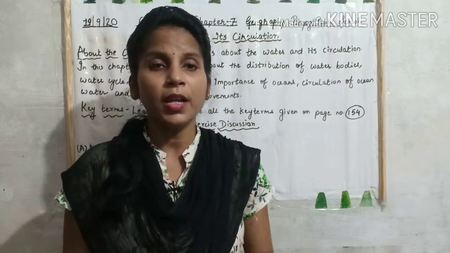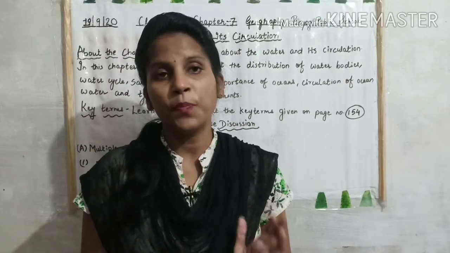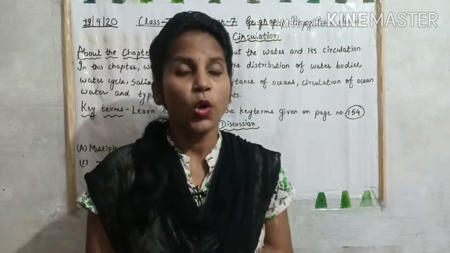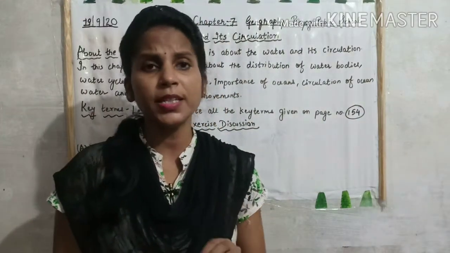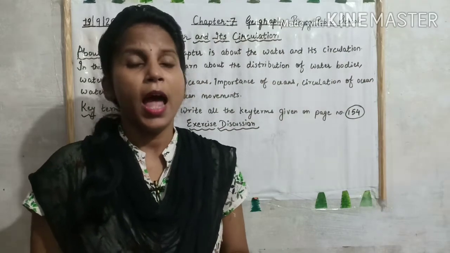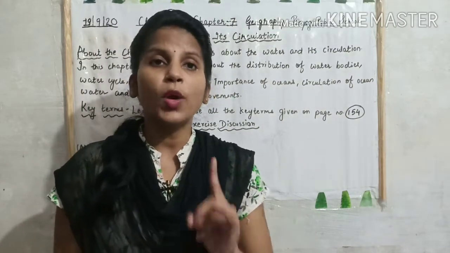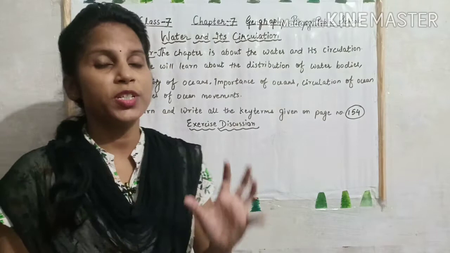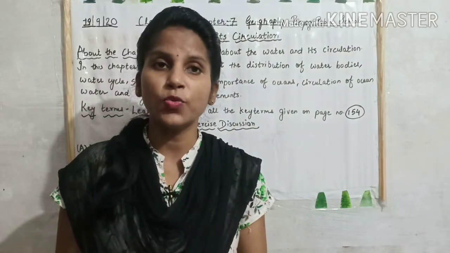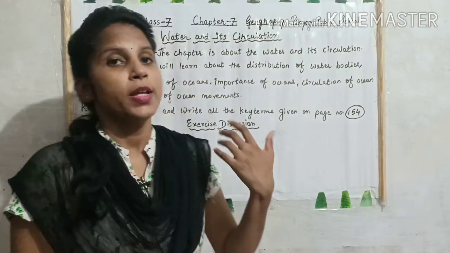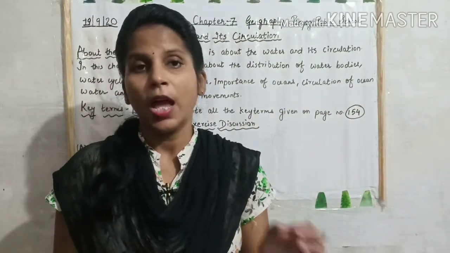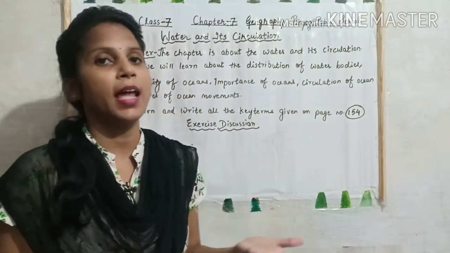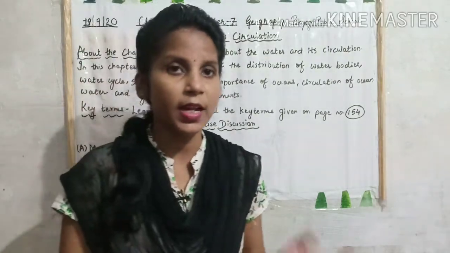In this 71%, only 3%, that is 2.6%, is fresh water, and in this also only 1% is readily used fresh water, while the other is in the form of snow, glaciers and others. Most of the water is saline, which is found in the ocean, it is salty.